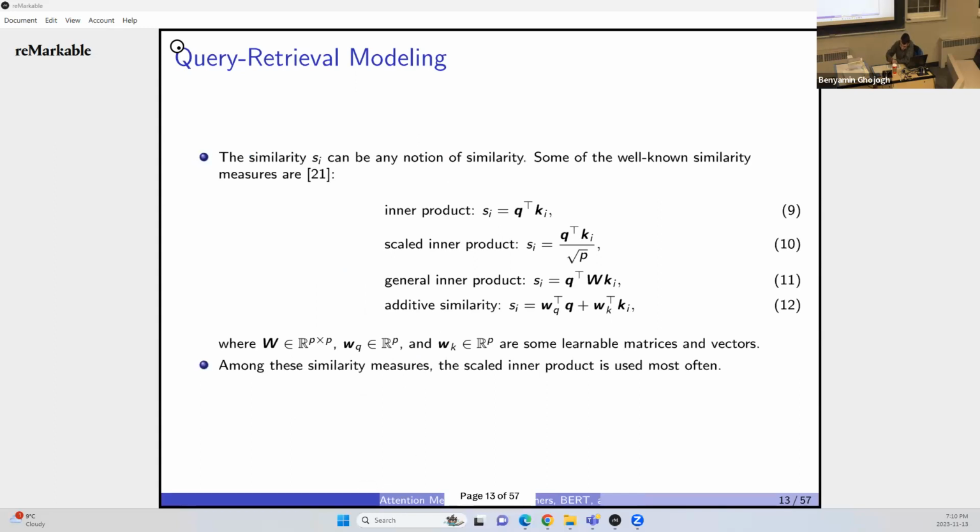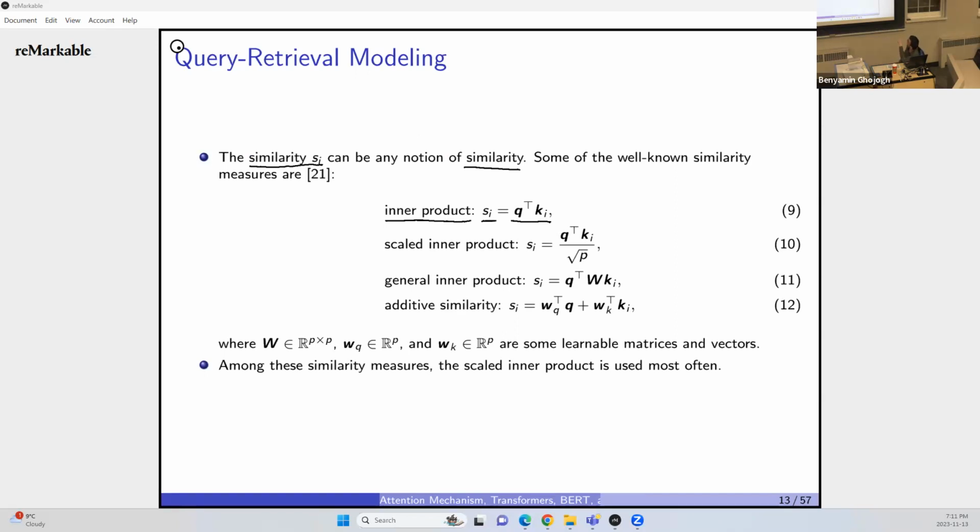The similarity S_i can be any notion of similarity, right? The simplest one is the inner product, for similarity of two vectors. So for S_i, we can say Q transpose K_i, the inner product between the query and the ith key.